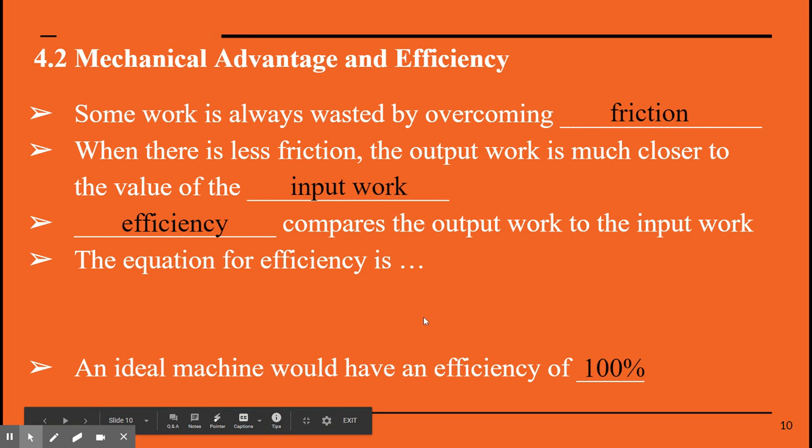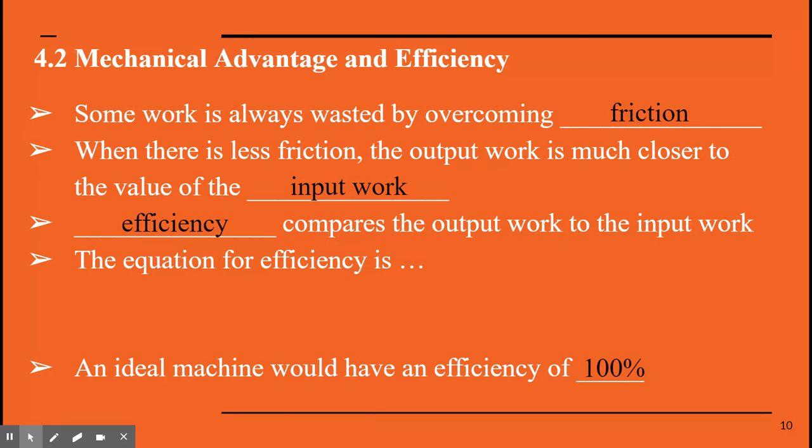Ideal machines have an efficiency of 100%, which would be ideal, but very rare and probably not possible. Something where you might understand the efficiency best is your car. The engine of a car is not very efficient.